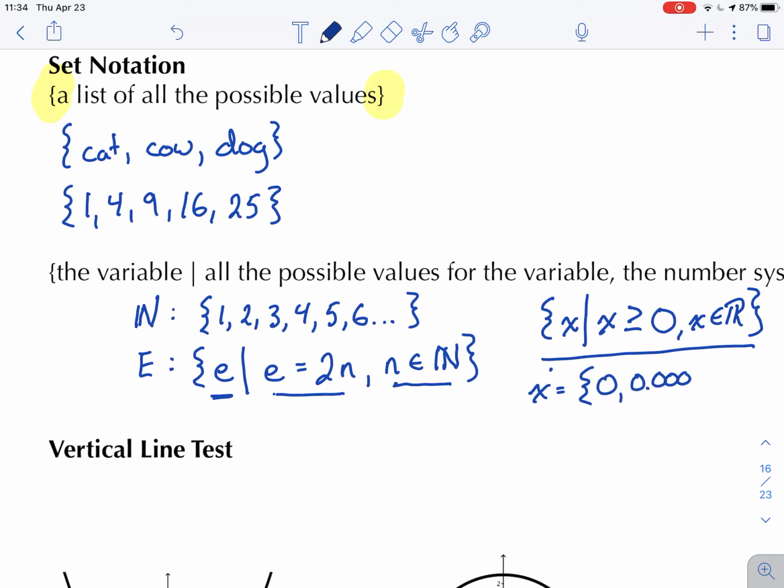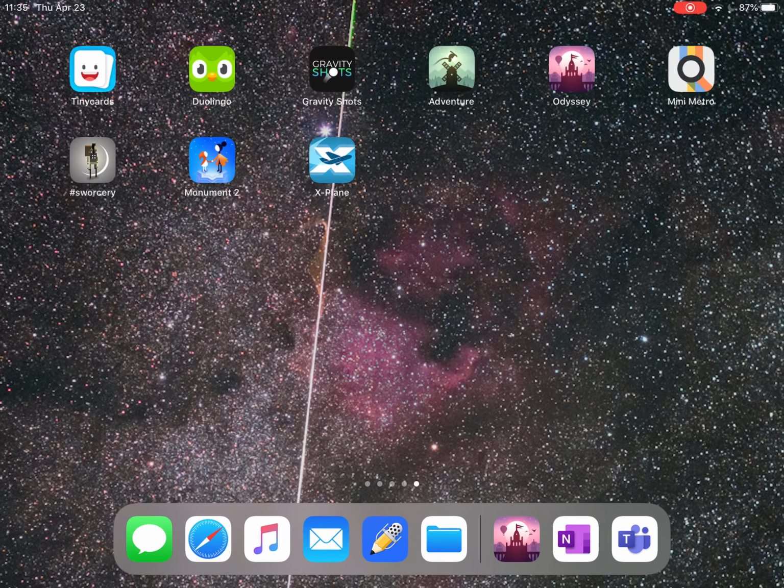Well, x would be equal to 0, then 0.000001. Every number larger than x would go in this set. We can't even write them down. We can't even start to write them down. It's too many. So we are going to use this form of set notation a lot.